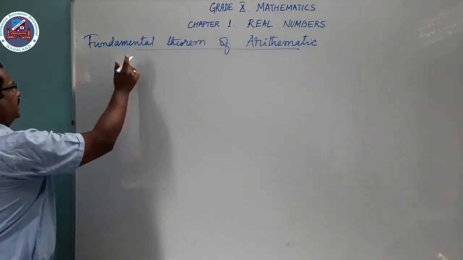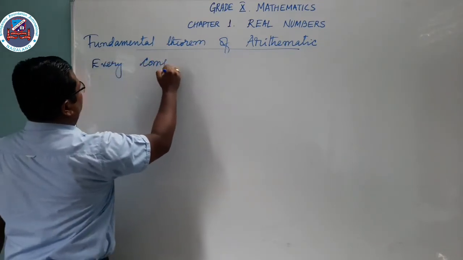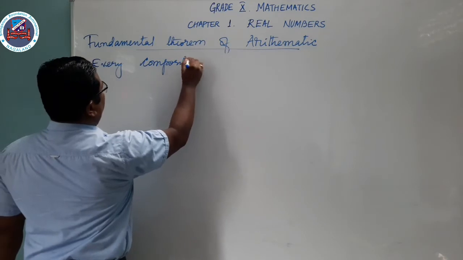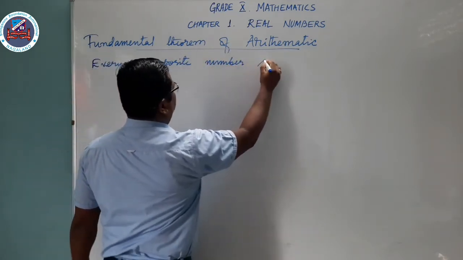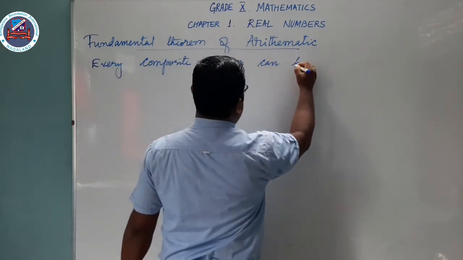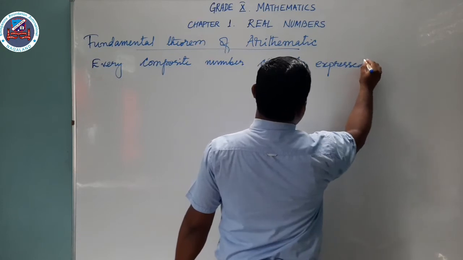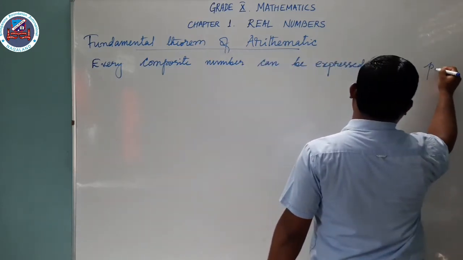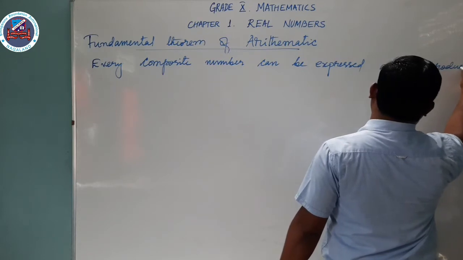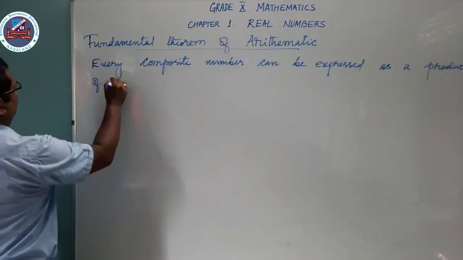The theorem says like this: every composite number can be expressed as a product of primes.